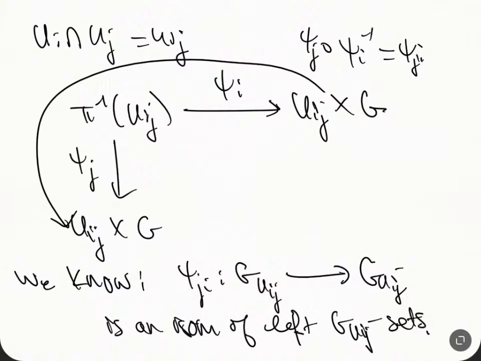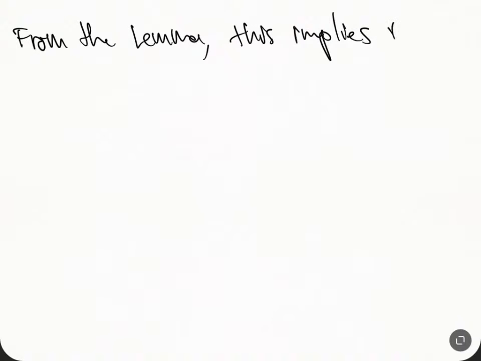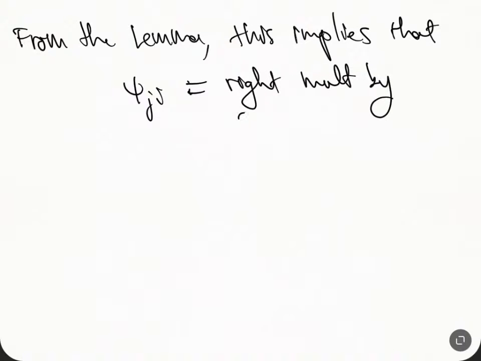And so we proved from the lemma that this implies that this psi_ji is equal to right multiplication by some element of G of U_ij.